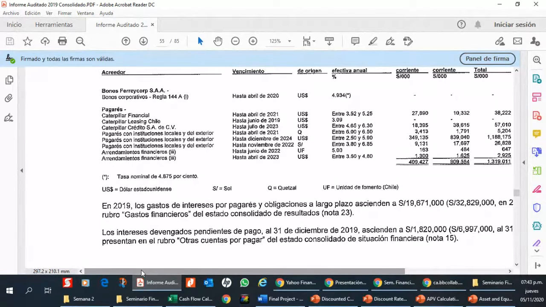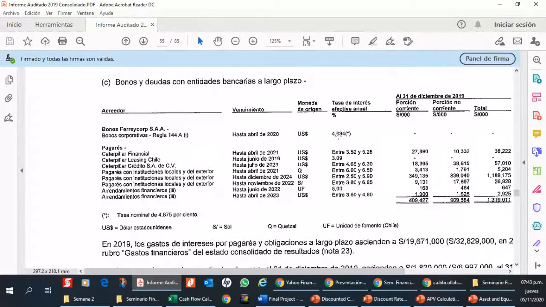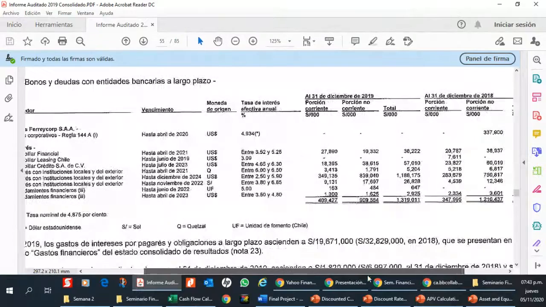So companies such as the ones in Peru can issue corporate bonds out there, and you can try to figure out the yield of those bonds to arrive at a better estimation of the cost of this company's debt.